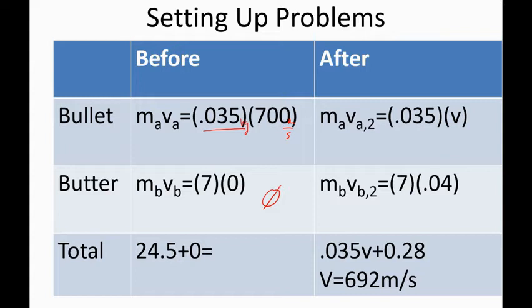When we do the calculation, we get 24.5 plus 0 is equal to 0.035 v plus 0.28. I bring the 0.28 to the other side by subtracting it from both sides, then divide by 0.035, and I get that the velocity of my bullet in the end is 692 meters per second. So the butter does slow down the bullet, but obviously not by much.